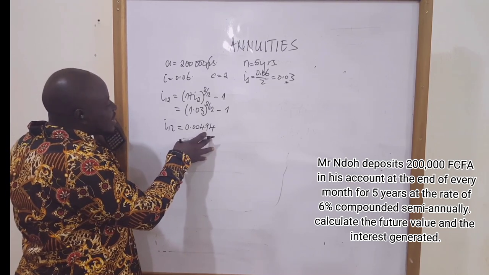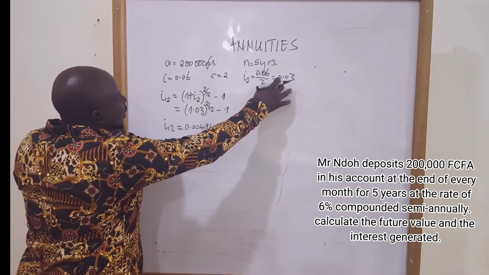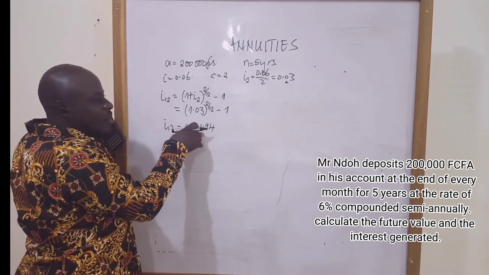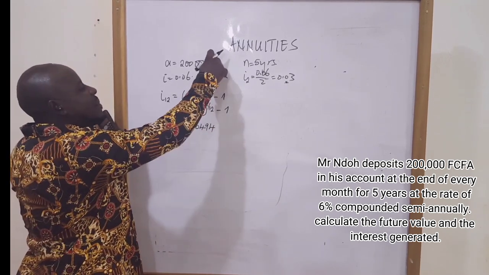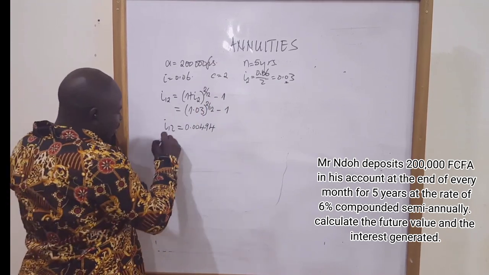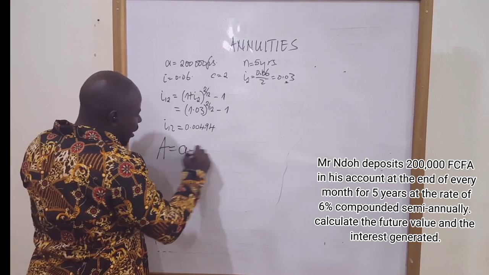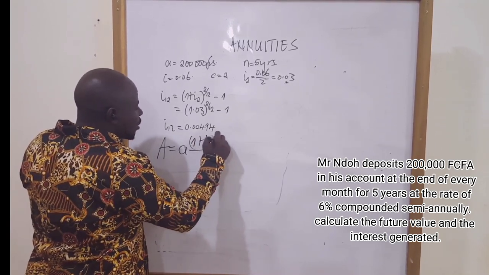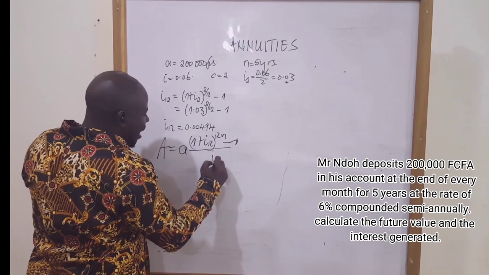Now the equivalent monthly rate to this semi-annual rate. So having now my monthly rate, my monthly annuities, I can now calculate. Now this is going to be my acquired value: A into (1 plus I12) raised to the power 12n minus 1, divided by I12.